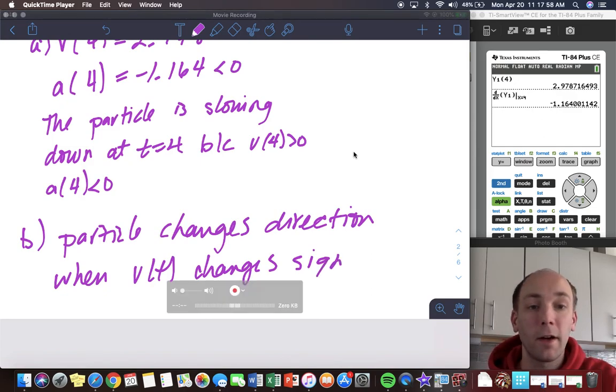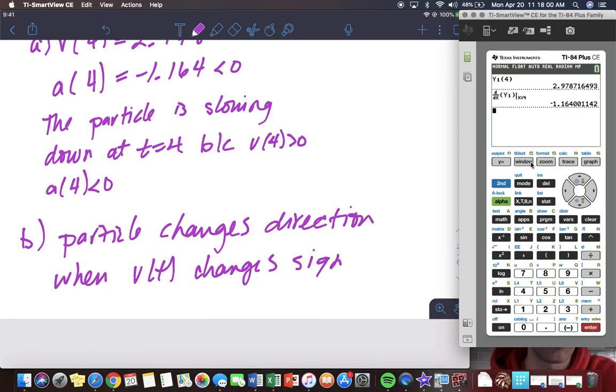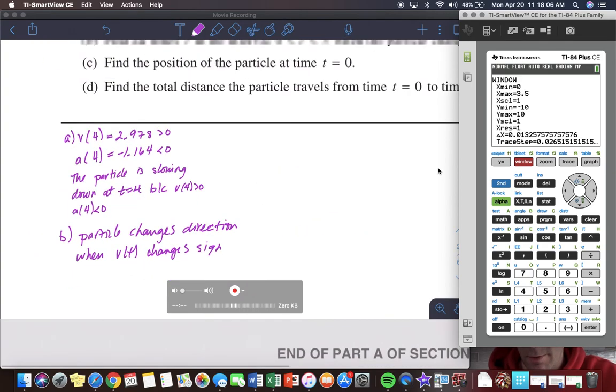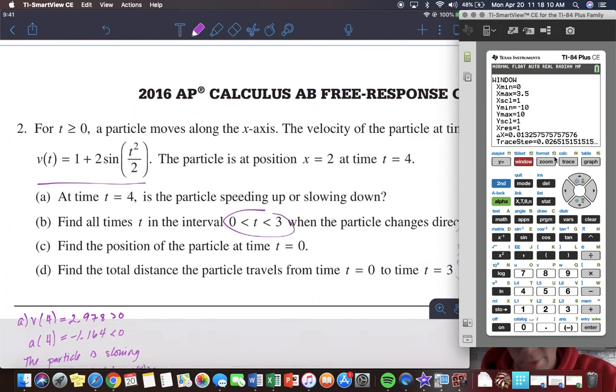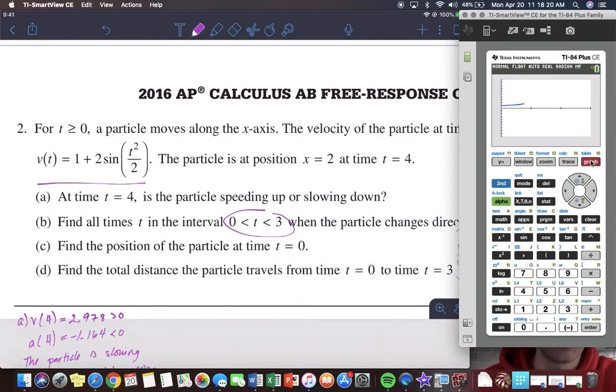So I'm going to go over to my graph. I've already got the velocity as y1, but I do want to change my window. The window says that we need to use only between 0 and 3. So that's all I care about for my x values, 0 to 3. Okay, going by 1s, negative 10 to 10 should be fine. I'm just more concerned with when I change signs.